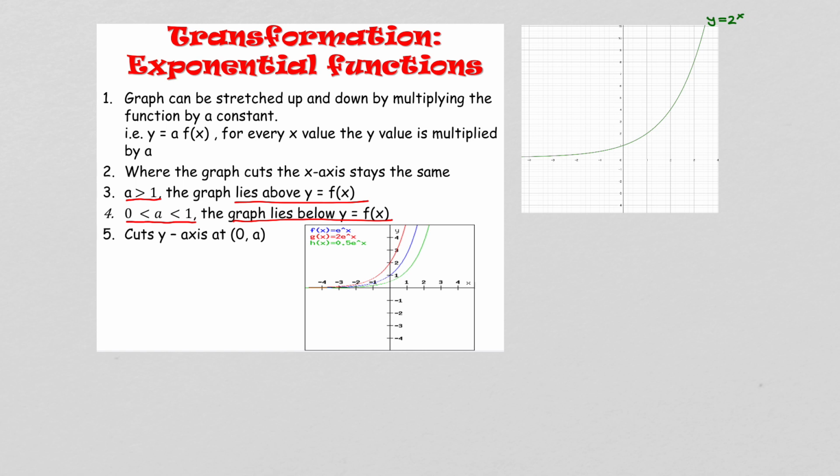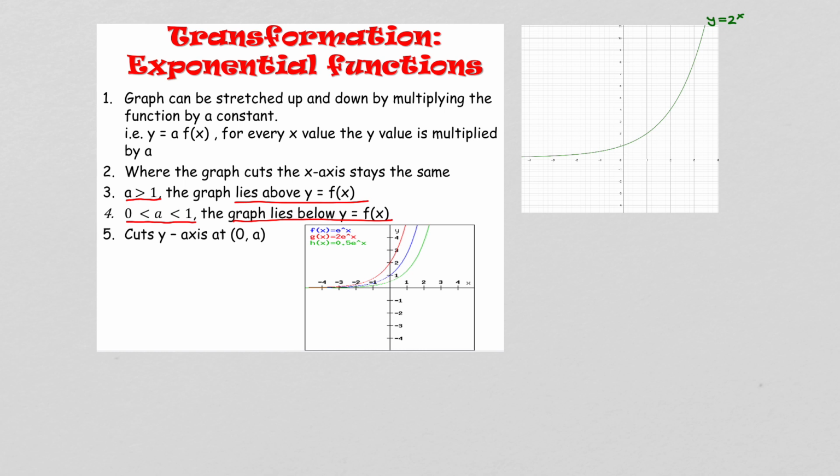So we can see here the blue one is e to the x, whereas the red one is 2e to the x. So in other words, all of the y coordinates will have doubled. So therefore it's going to be above the blue graph. Where if we look at a half e to the x, well, all of the y coordinates will have halved and therefore will lie below the blue graph. So it's moving further away from the y-axis.